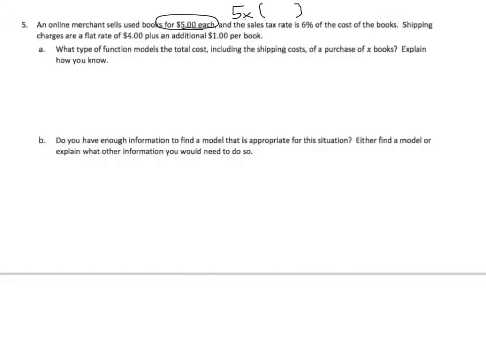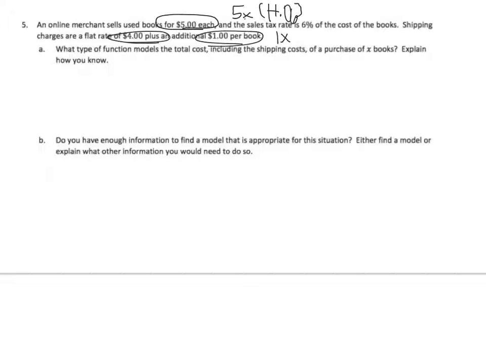If our rate is going to add money onto the cost, we do 1 plus 0.06. I'll rewrite that for you. And then the shipping is also a per book, so 1x and a flat rate of $4.